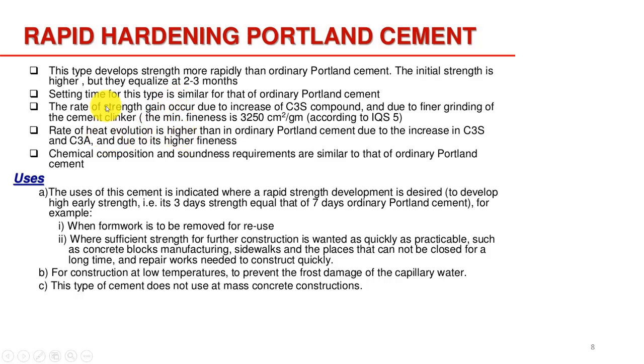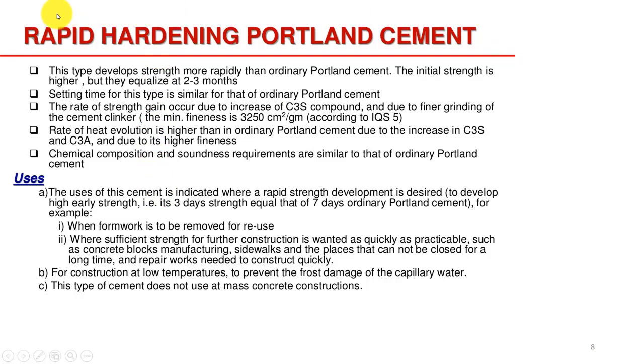It could have a higher concentration of tricalcium silicate that I have explained earlier. This cement can be used if you are using formwork. When you want to remove your formwork very early, then you can use a rapid hardening cement.